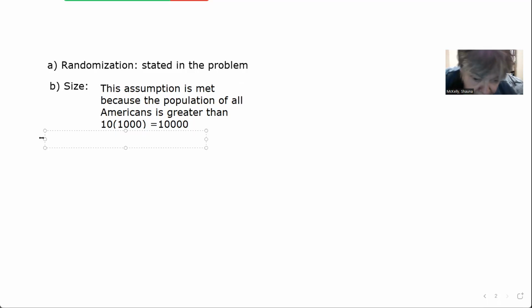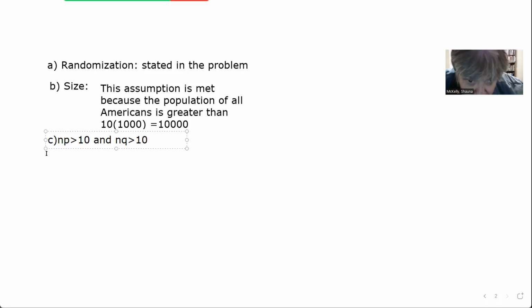The third one is our condition for the size of our products, N times P and N times Q, which has to do with our successes and failures. So remember here, this is NP is greater than 10, and NQ is greater than 10.